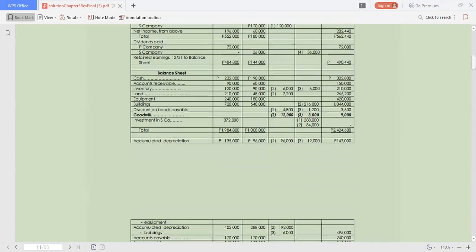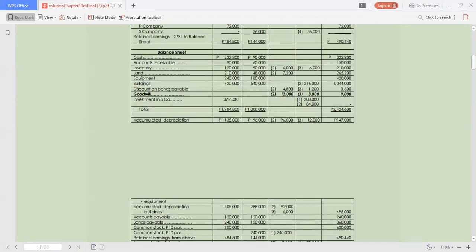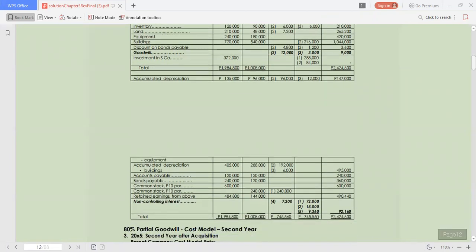We deduct the accumulated depreciation of 147,000. That's why in the requirement in number 2, you have the net amount of 273,000. Now the buildings of 1,044,000 minus the accumulated depreciation of 495, we have the net book value of 549,000, as we will go back to the previous requirements.